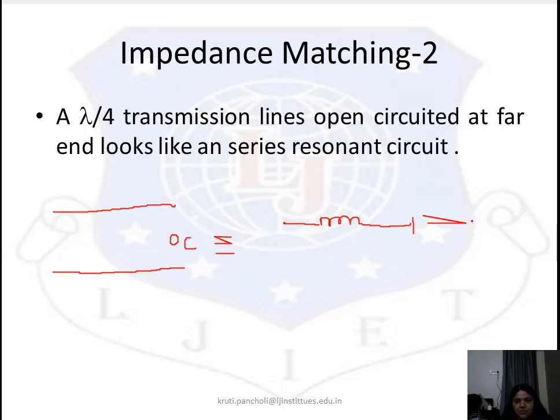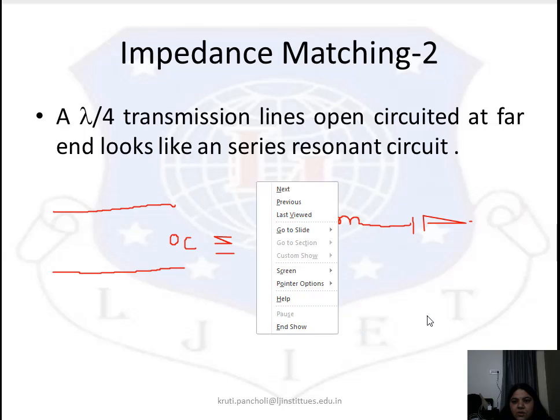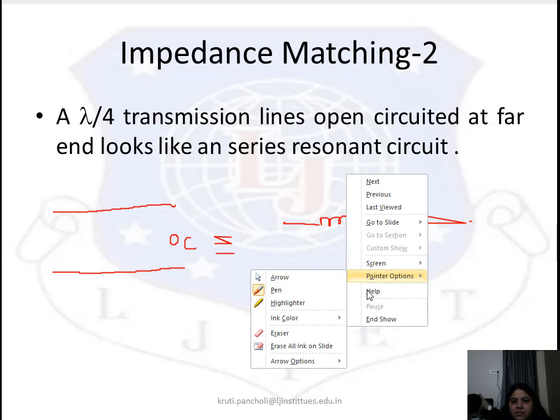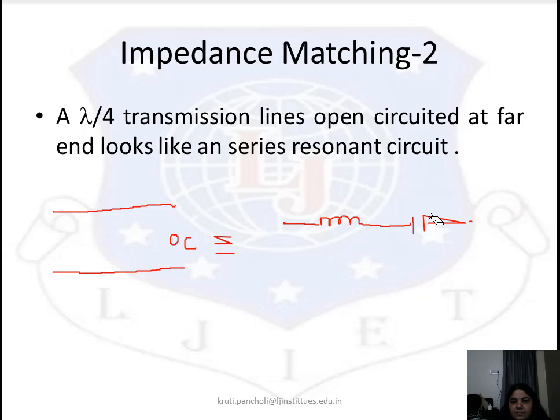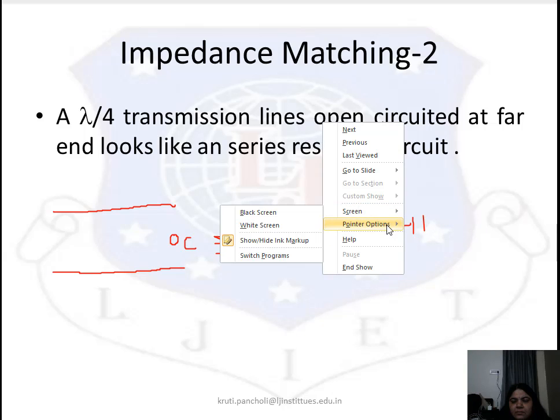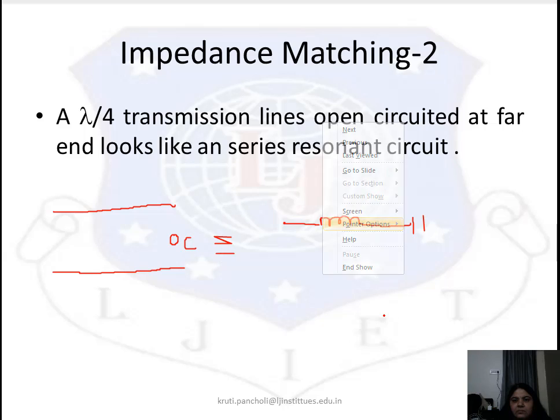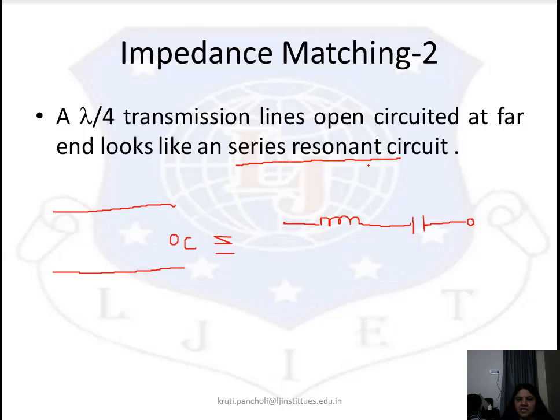So it behaves as a series resonant circuit. So this is the series resonant circuit.